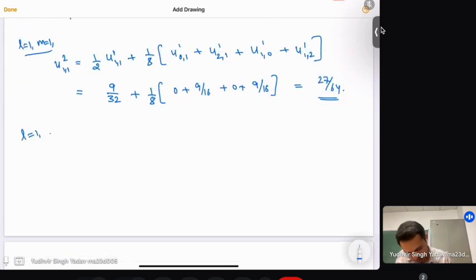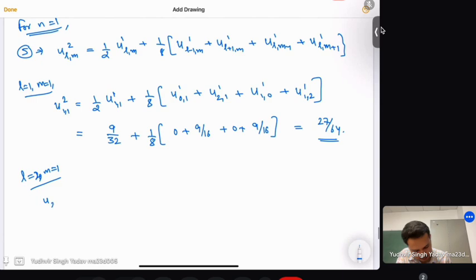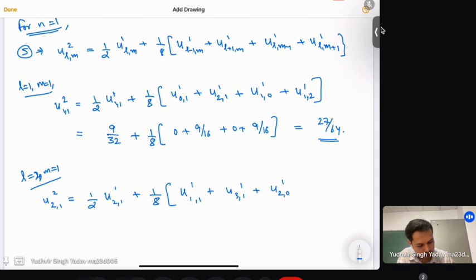Now we will take l equals 2, m equals 1. So it will be u(2,1) at level 2 equals 1/2 u(2,1) at level 1 plus 1/8 times u(1,1), u(3,1), u(2,0) and u(2,2).